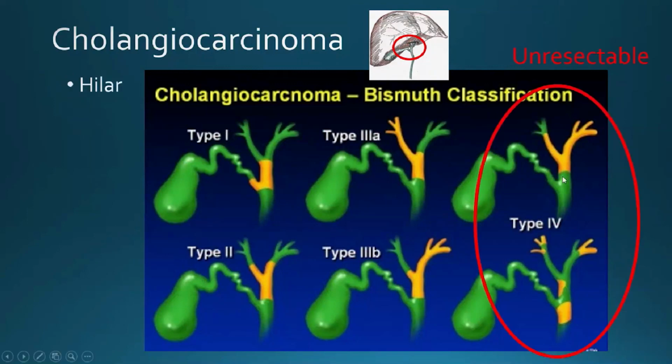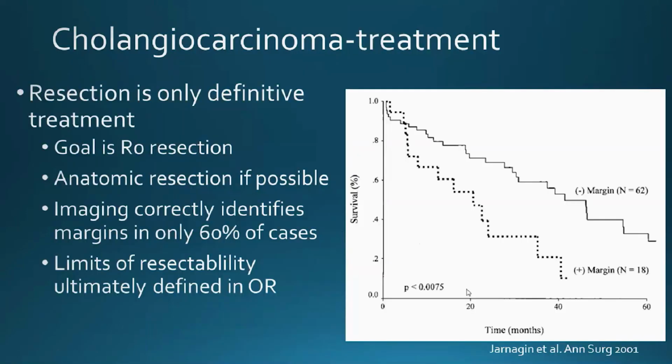However, when we have extensive extension of tumor to the secondary radicals of the bile ducts, or multifocal cholangiocarcinoma, these are not resectable and not operable. For treatment, when we do resect these tumors and we don't leave any positive margin, a 5-year survival of about 40% is there, but if you leave a positive margin, there is no 5-year survival.